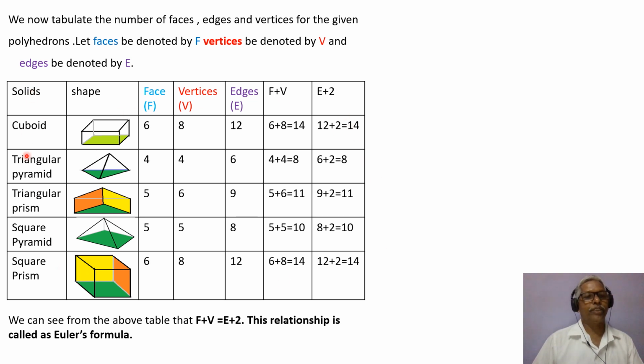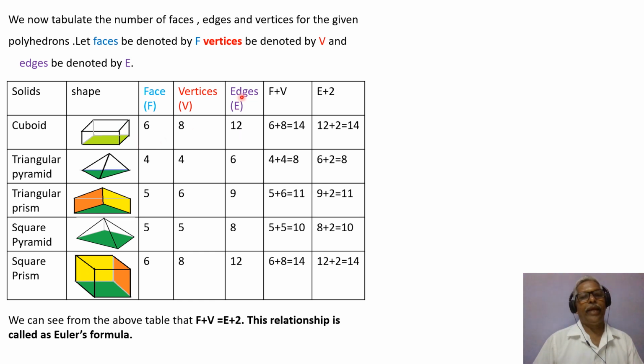This is the name of the polyhedron given. This is the shape. Here is the faces column, number of vertices, number of edges, and this we will see afterwards. So see cuboid. How many faces does it have? 6. You can count. Vertices 8: 4 top, 4 bottom.